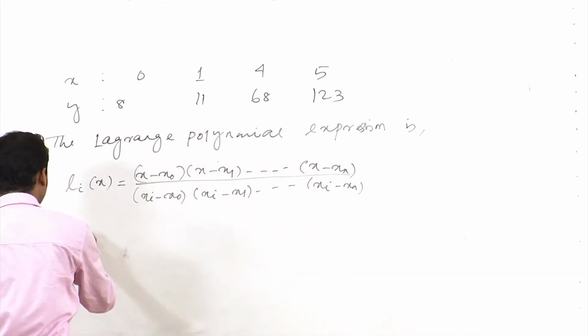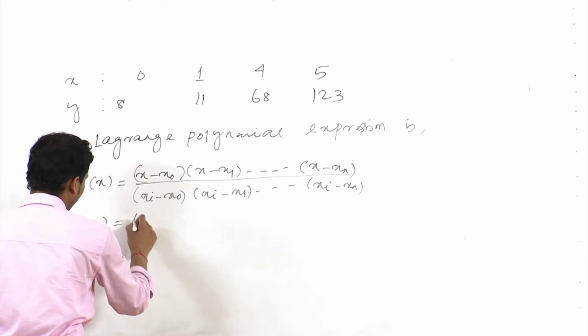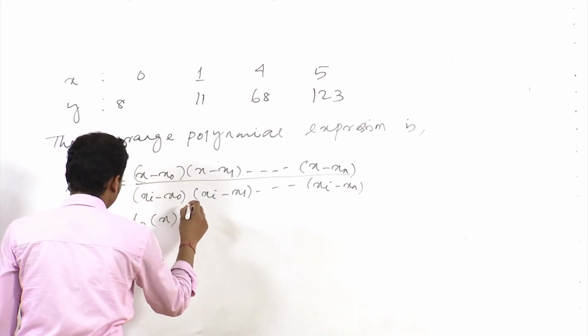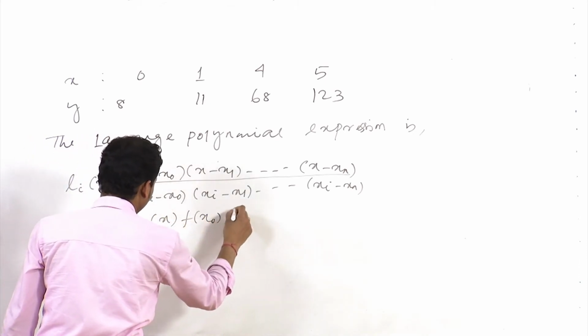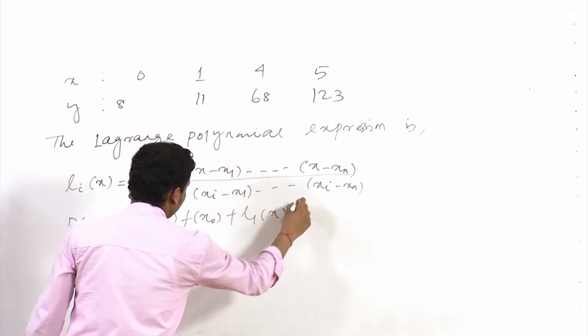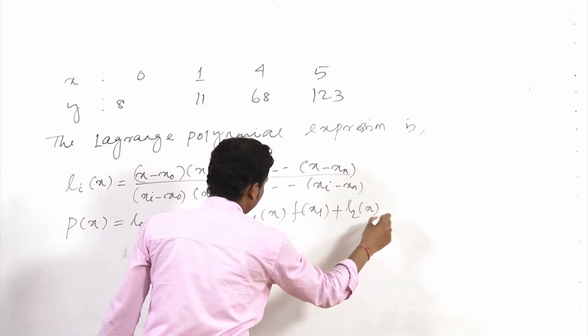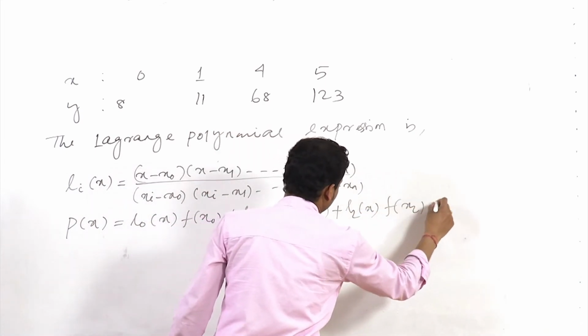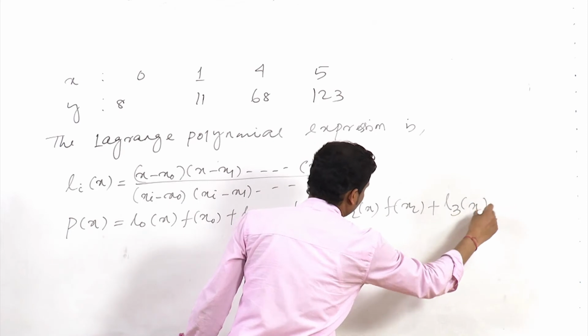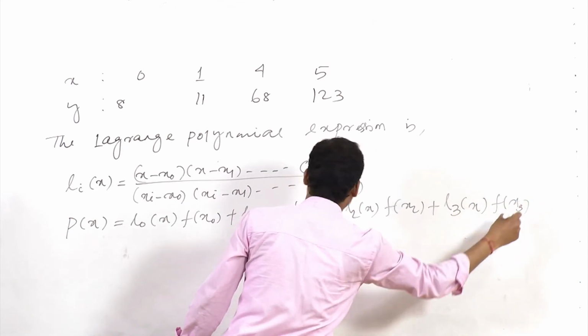And the complete polynomial p(x) can be written as L0(x) f(x0), L1(x) f(x1), L2(x) f(x2), L3(x) f(x3).